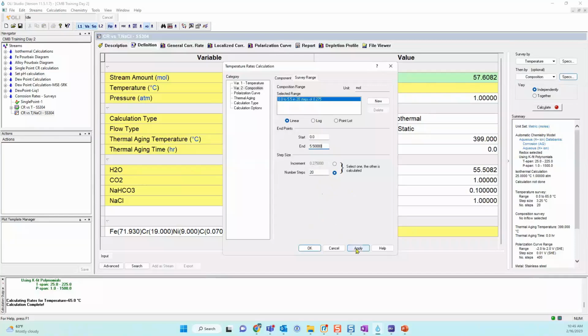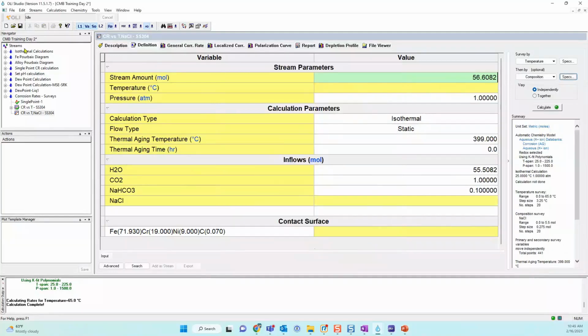So after this, you can either apply or OK. They both do the same. The OK button, however, closes the window. So you double check here, and you'll see the temperature survey here is 20, number of steps 20, plus the first calculation is going to be 21.